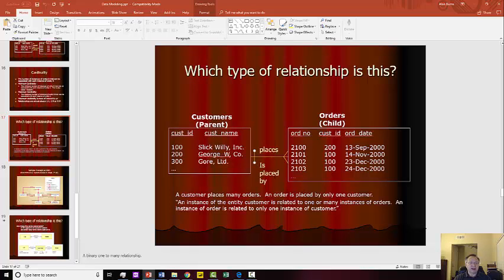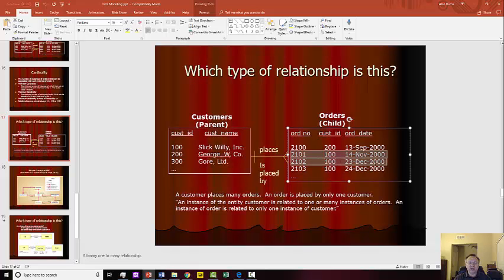Here's what it means. Take one instance over here. In this case, one customer. Customer ID 100, customer name Slick Willie Inc. And what we're asking is, how many instances over here in orders is related to it? Well, you'll notice we've got an order number, customer number 100 there, we've got one there, we got one there.